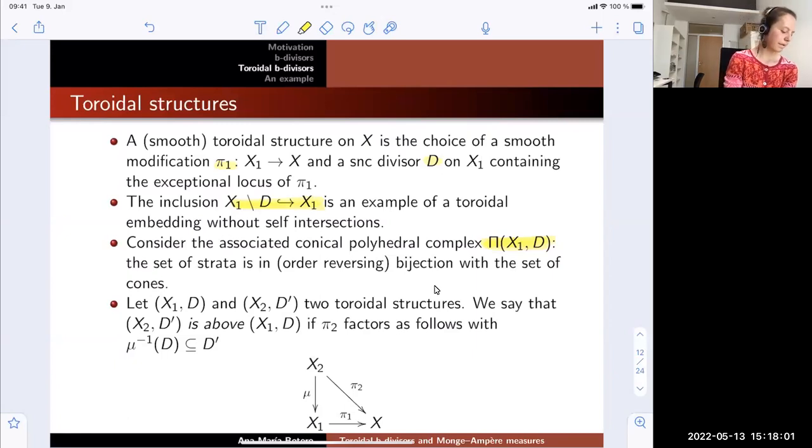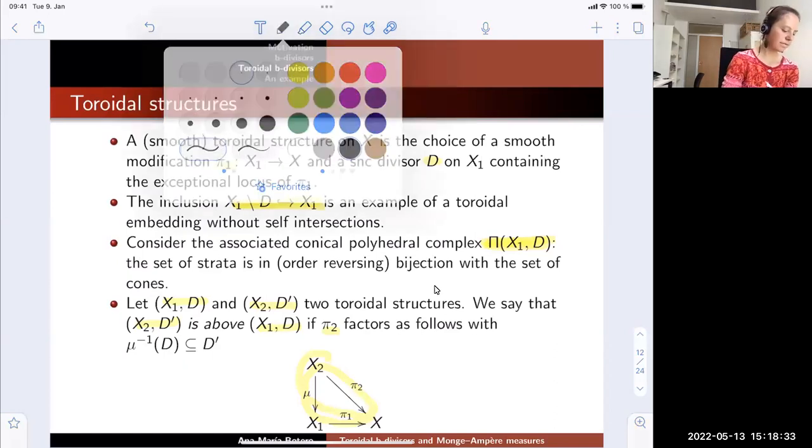So if I have two toroidal structures, X1, D and X2, D prime on X, then we say that X2, D prime is above X1, D if there is a modification factoring through the two, as in the diagram over here, in such a way that the inverse image of the boundary divisor in X1 is contained in the boundary divisor of X2. So maybe here I give a small example.